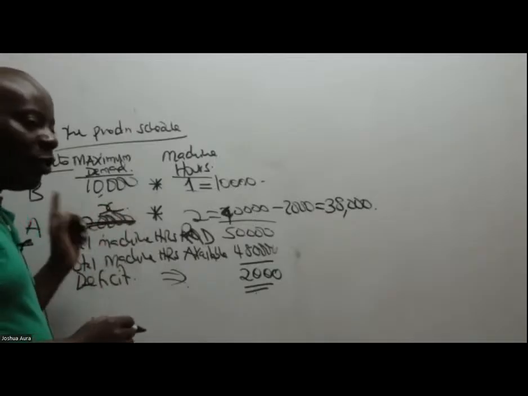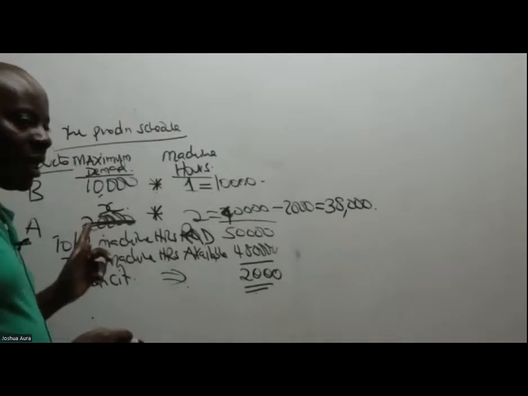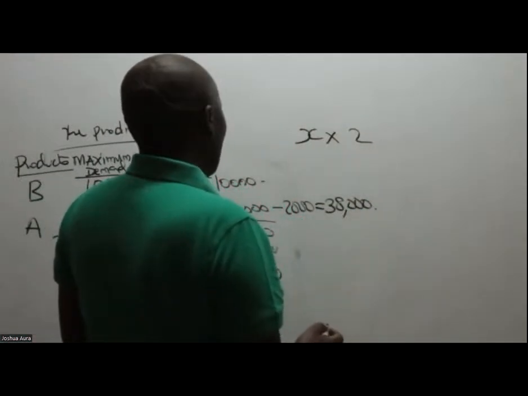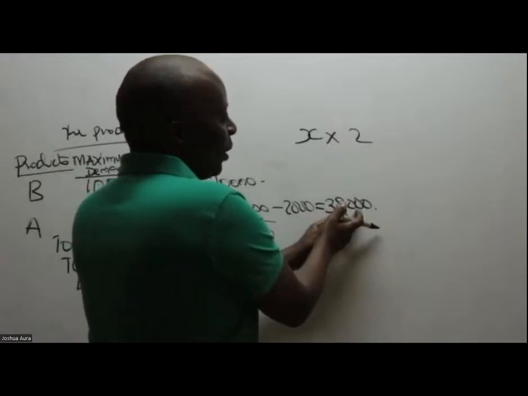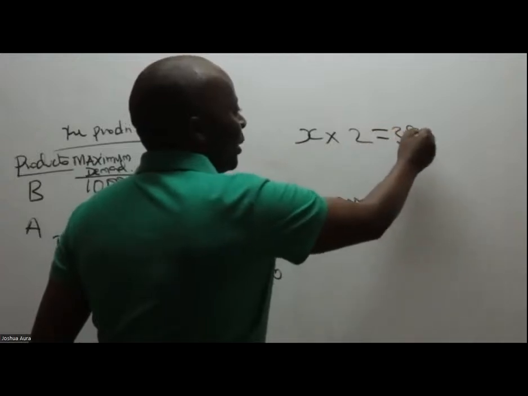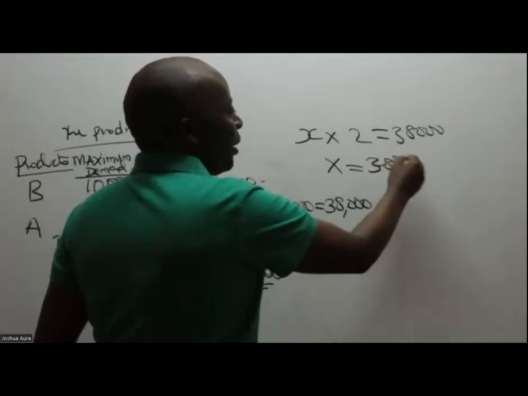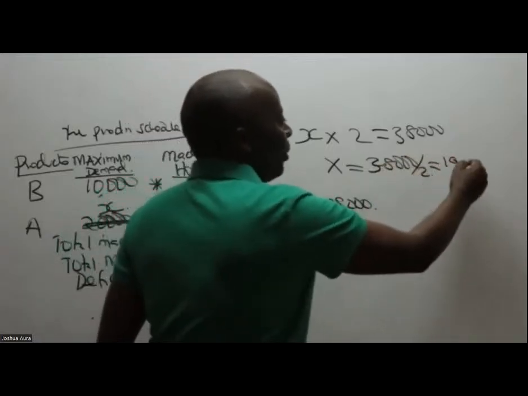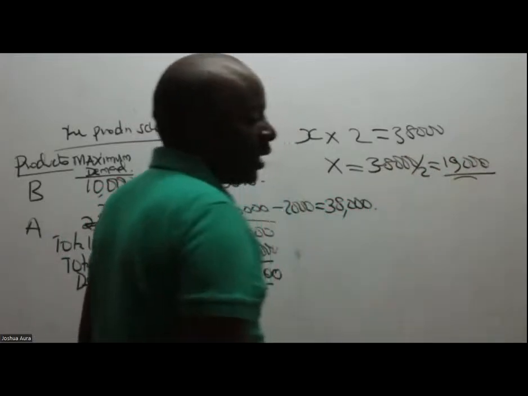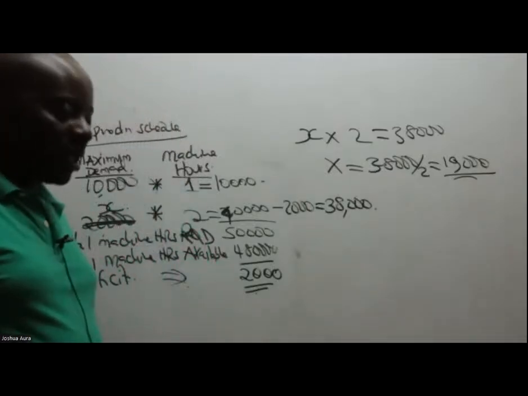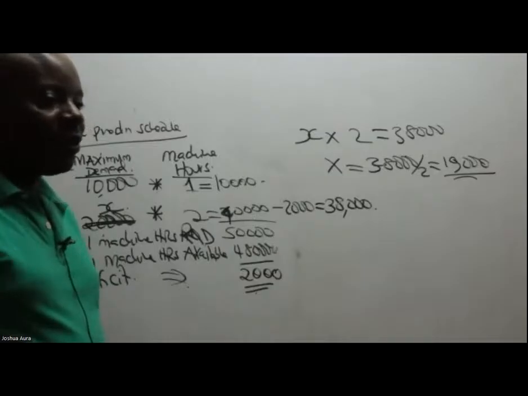I let the new quantity of A be X. And I'm saying here that X times 2 should be equal to the available resources here, 38,000. So X will be 38,000 divided by 2. X will be 19,000.